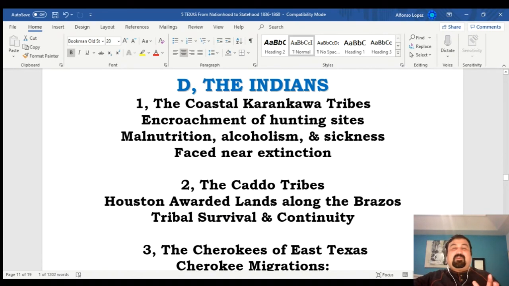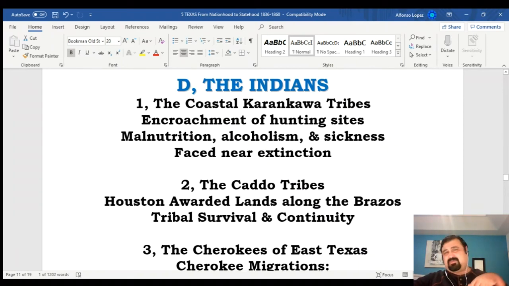So they had very well established regions where they would hunt and fish, etc. But what we see is the increasing presence of populations that are coming from many different parts of the world, whether it's Europe, the United States, but even people from Mexico. Again, in many cases they are moving into the Rio Grande Valley. They're crossing the borders.